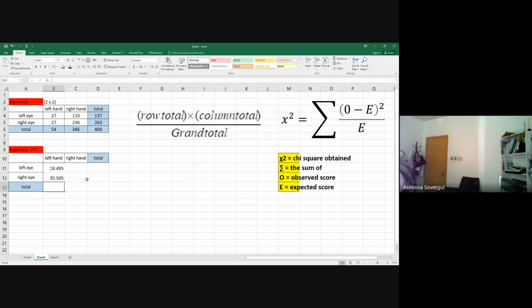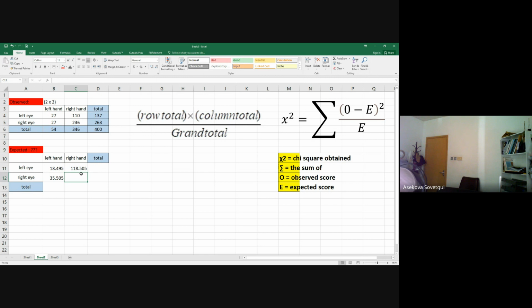Now I will go to the second category with the right hand. Left eye and right hand, and the right eye. Okay. Open bracket. So the total is 346 multiplied by 137 divided by 400.